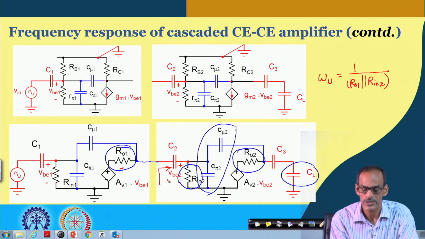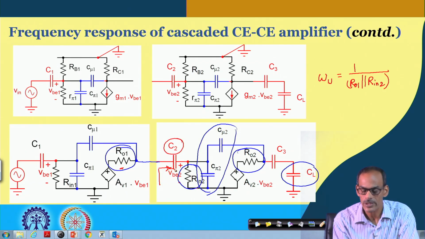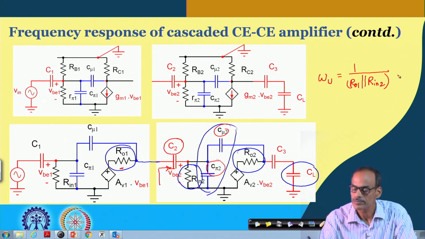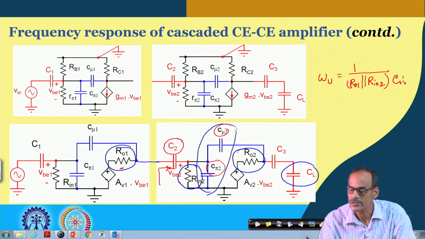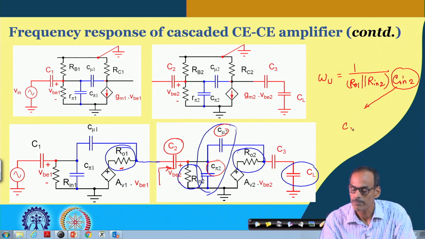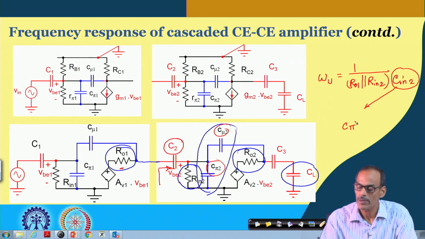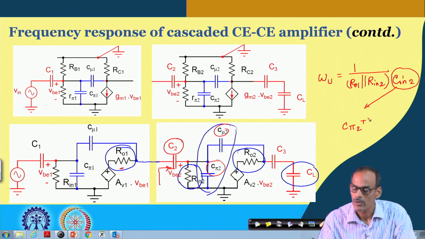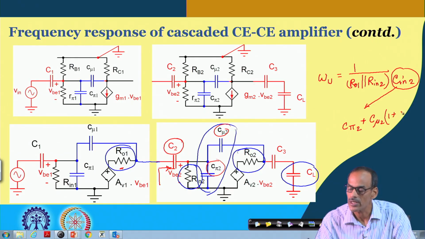In the high frequency, of course, this C2 will not be there; whatever input capacitance there is comes primarily from C pi and C mu. So, we write this as Cin of the second stage, and this Cin is almost C pi and almost C mu multiplied by 1 plus the second stage gain AV2.